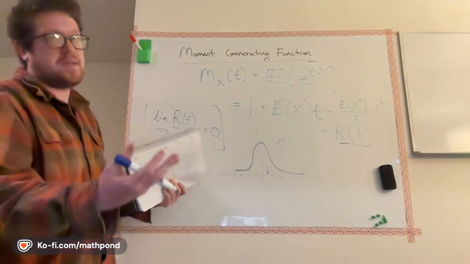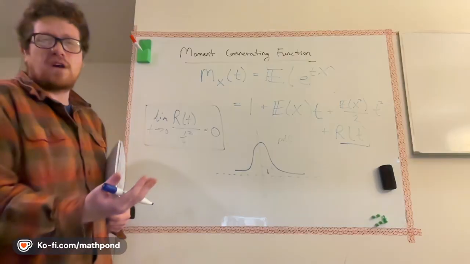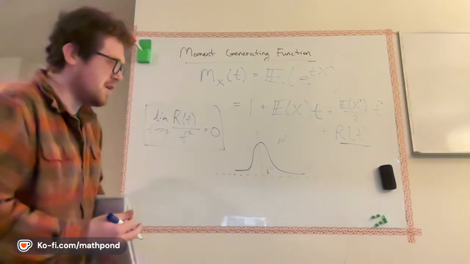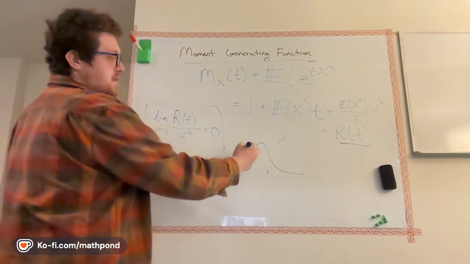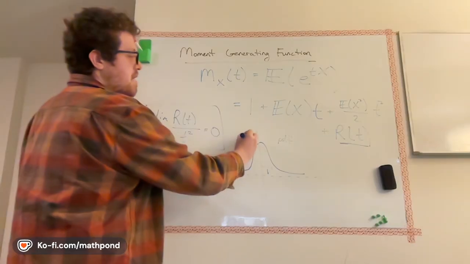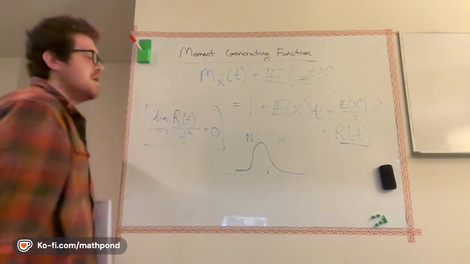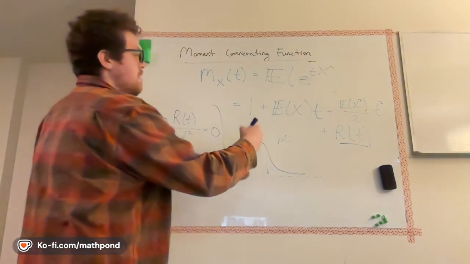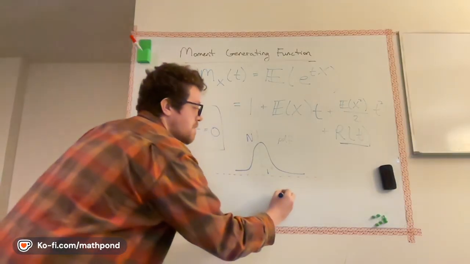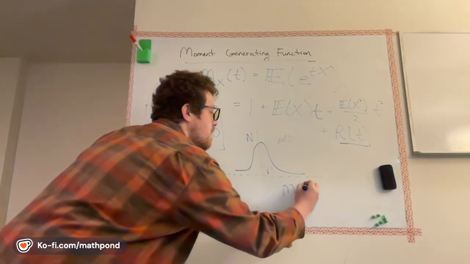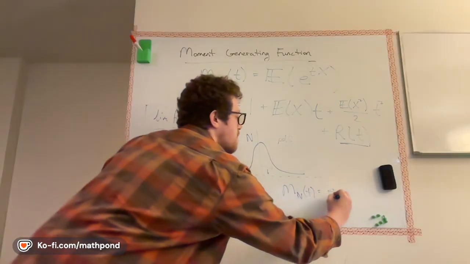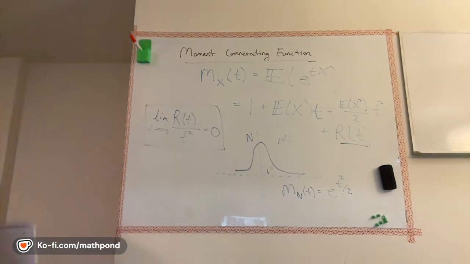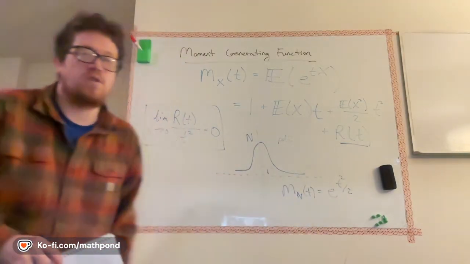This is something you could look up, or try to calculate yourself. If we call this n for normal, then the moment generating function for n of t is just e to the t squared over 2, with the t squared over 2 in the exponent.